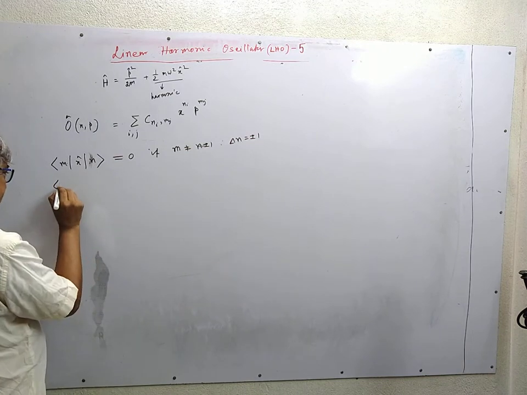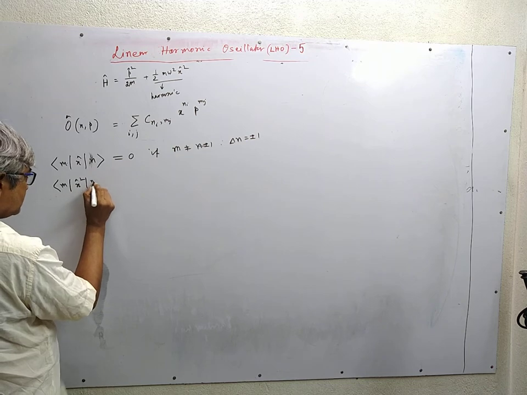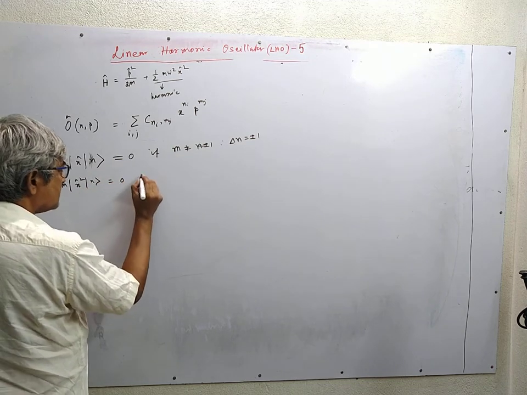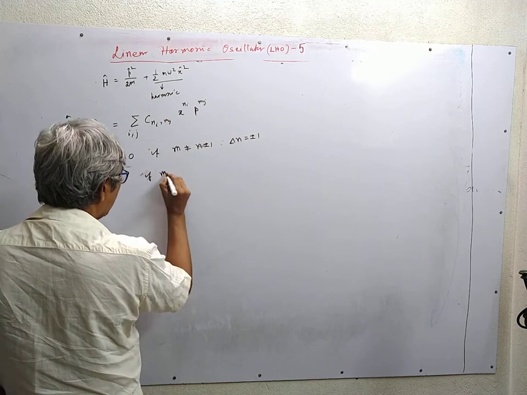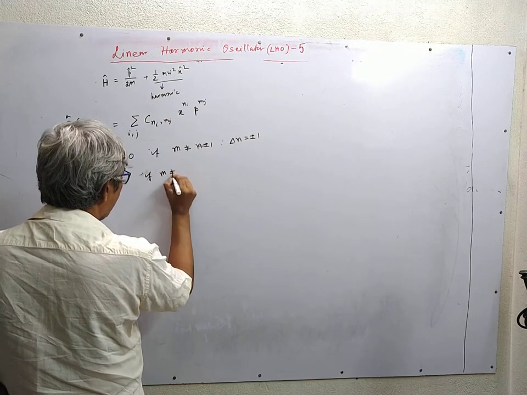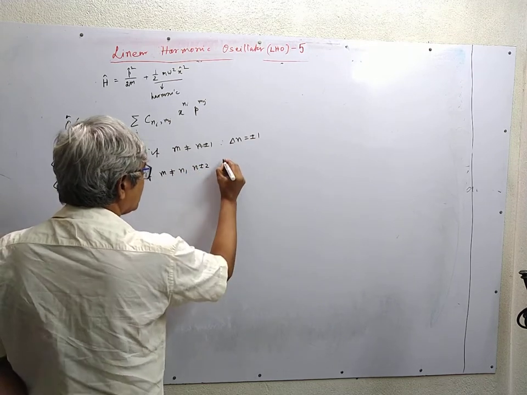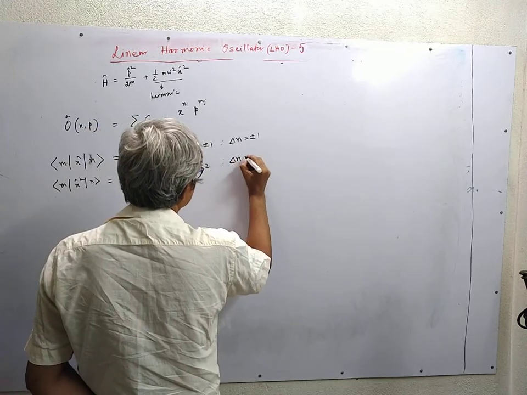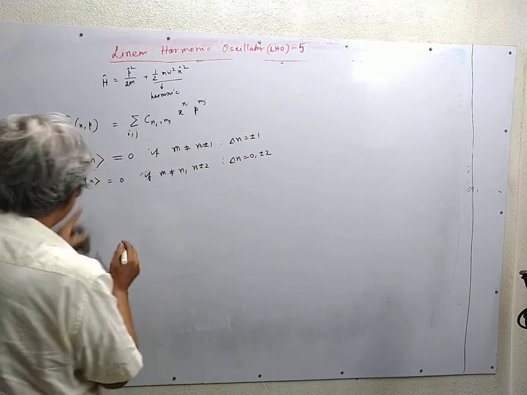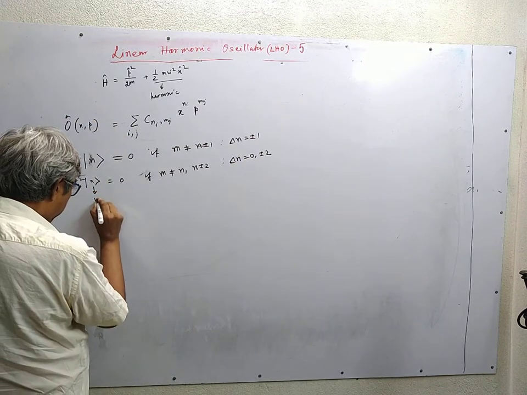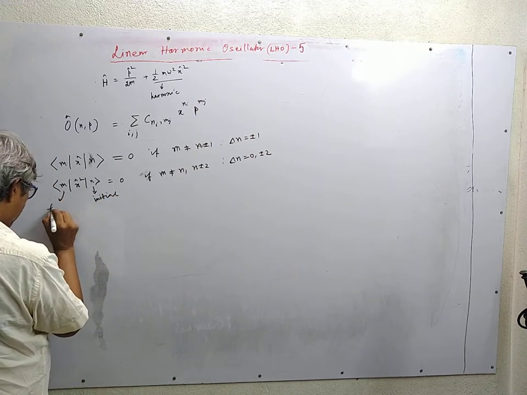If we consider this interaction, the selection rule here is, where n is the initial quantum number and this is the final quantum number.